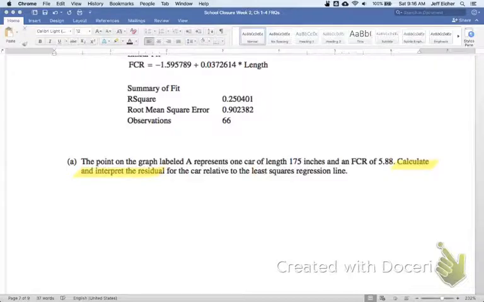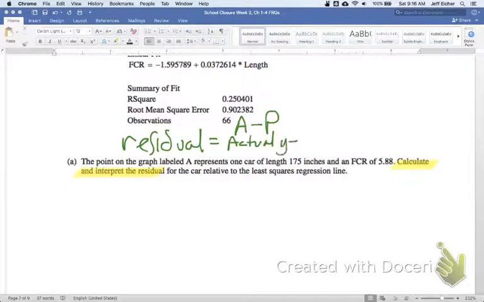So first things first, the formula for a residual. The formula for a residual in AP Statistics is actual minus predicted, which is the actual Y minus the predicted Y. So we need to find the prediction.